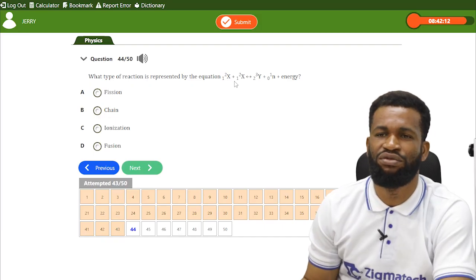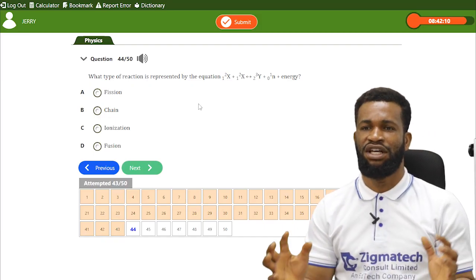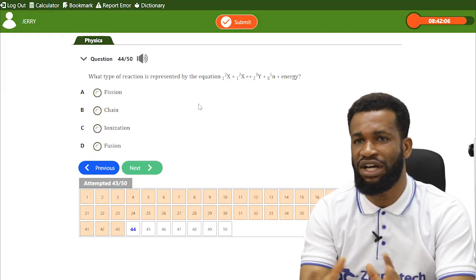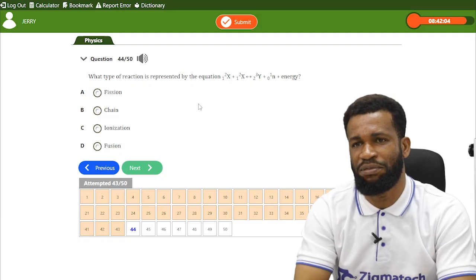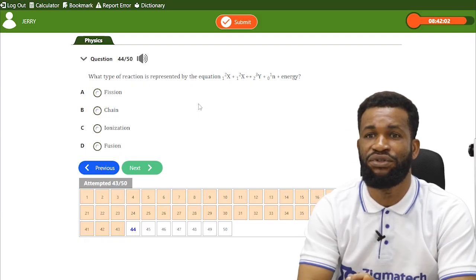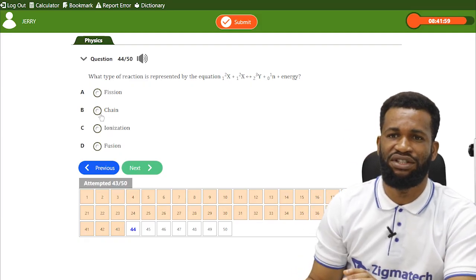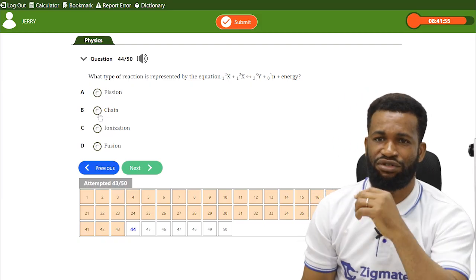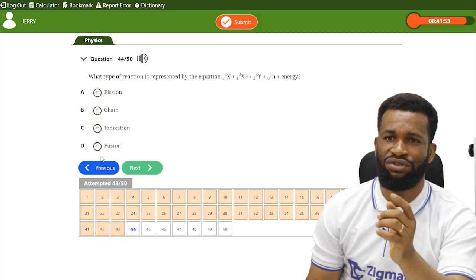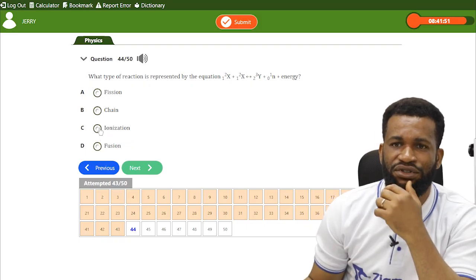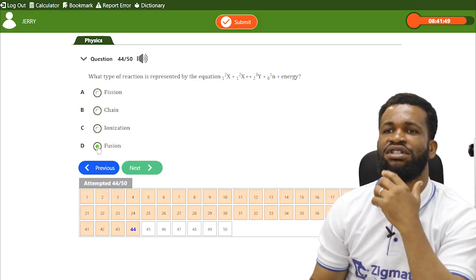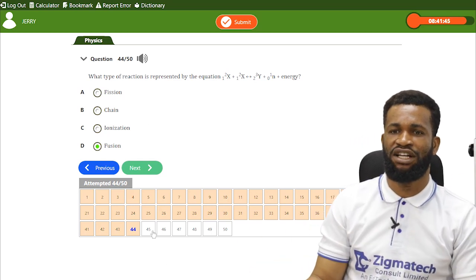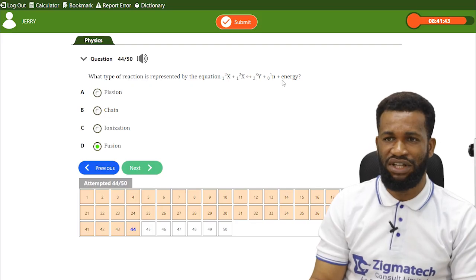Whenever there is a combination of 2 or more smaller elements forming a bigger one, or nuclei of a particular element, we now talk about fusion. It's not fission, it's not a chain reaction where there is a release of a neutron. Neither is there ionization, so it's not going to be fission, rather it's fusion. So option D is my best because it has to do with combining the nuclei of a smaller element to form a big one with the release of energy.